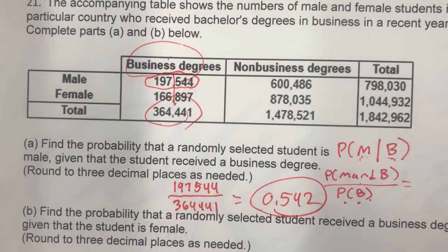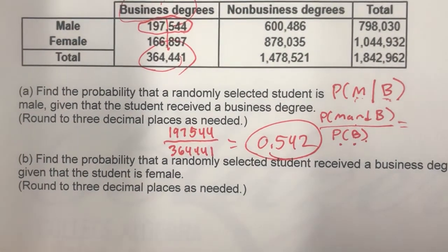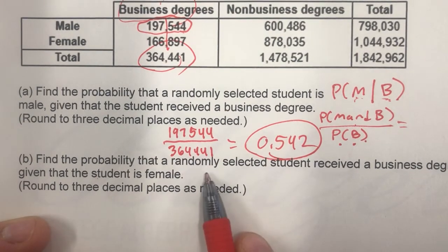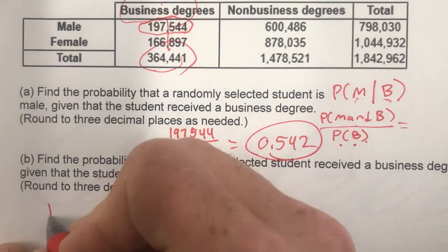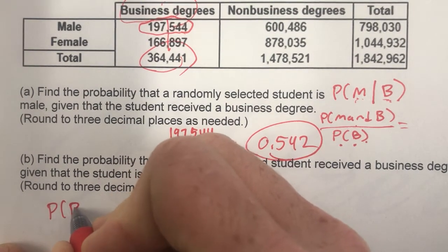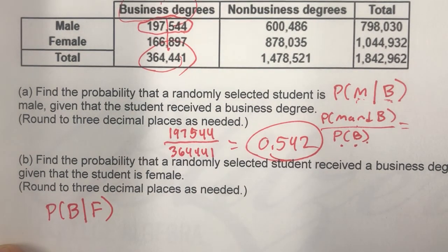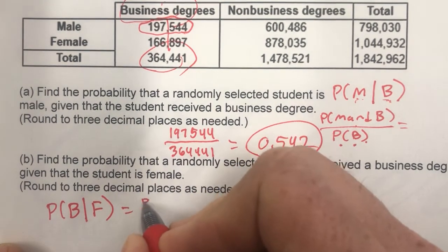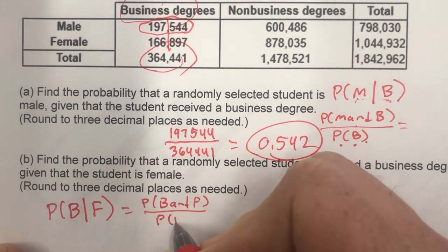Okay. Now this next part, scoot it up just a little bit. Find the probability the randomly selected student receives a business degree given that the student is female. So that's the probability that they get a business degree, but given that they're female. All right, so this is going to be the probability that they have a business degree and are female divided by the probability that they're female.